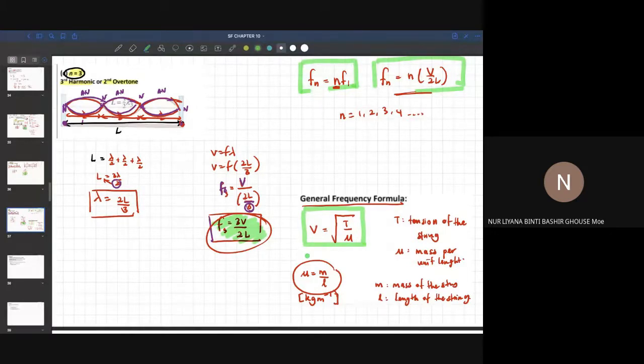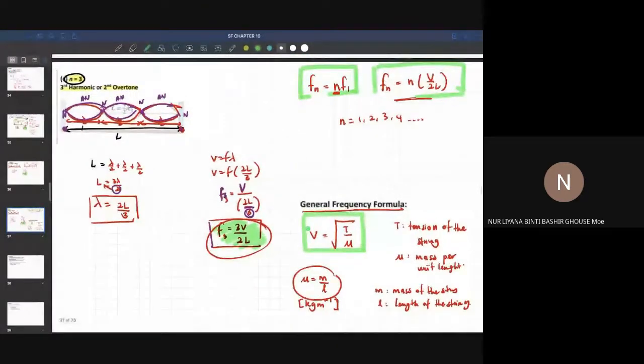Kalau ada soalan tanya tau. I give you a few minutes untuk salin and I want you to try example 8 and example 9.